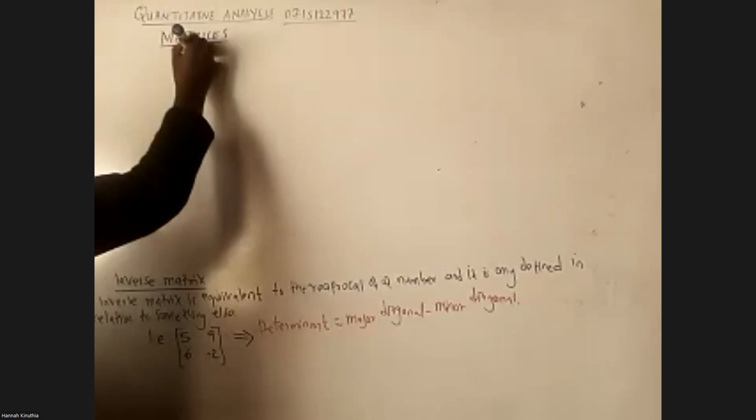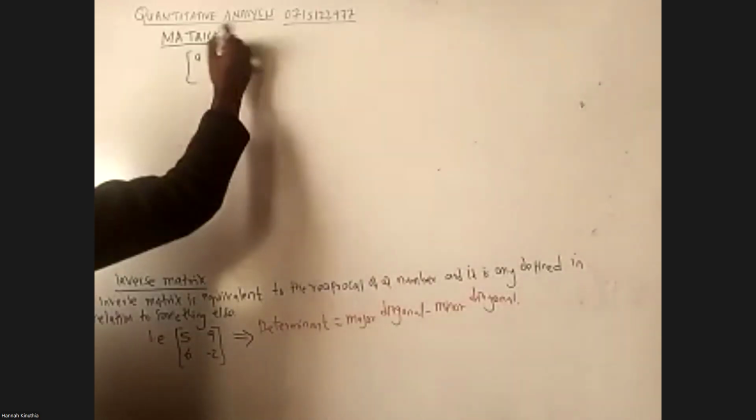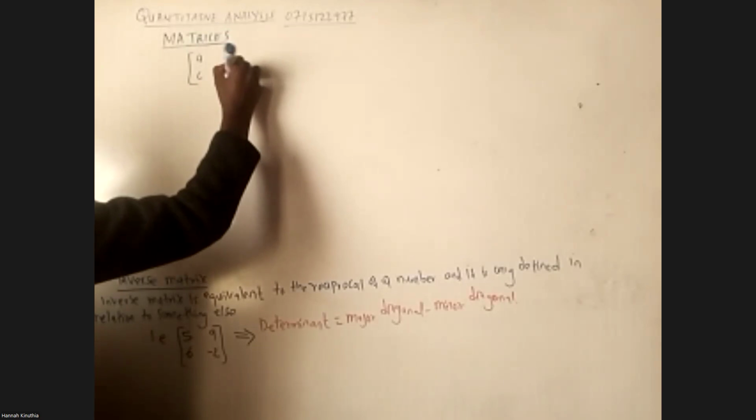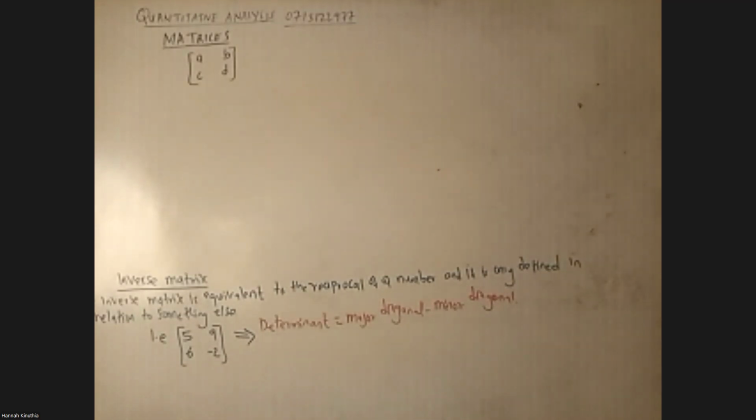But let me explain something before you do that question. So we have A, B, C, and D. How do we find the determinant from that?